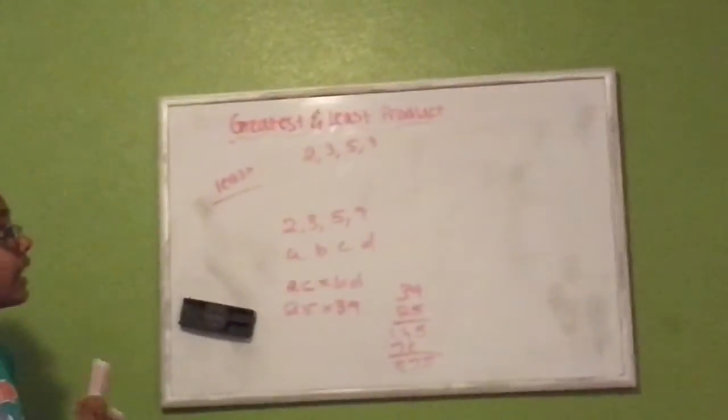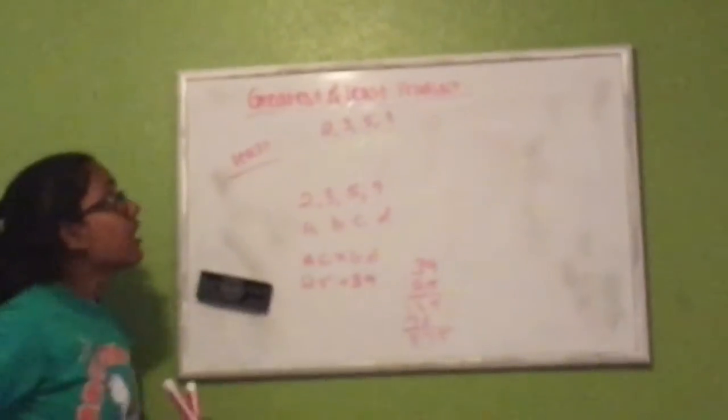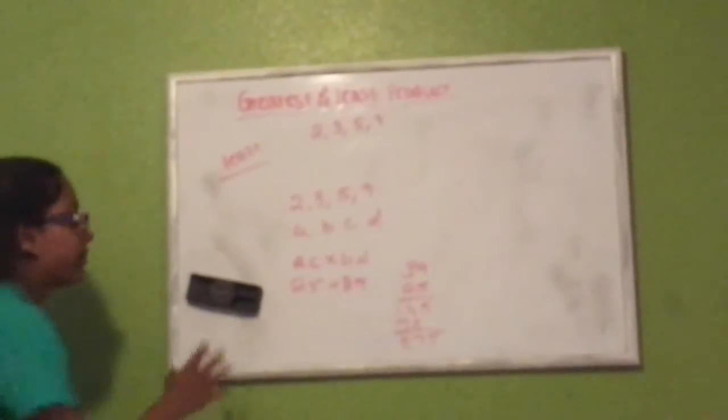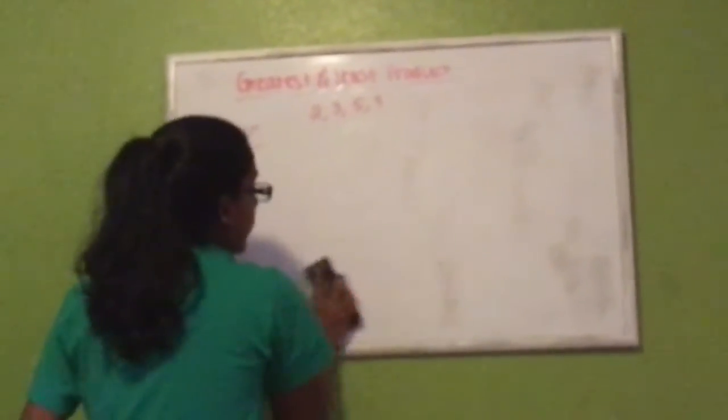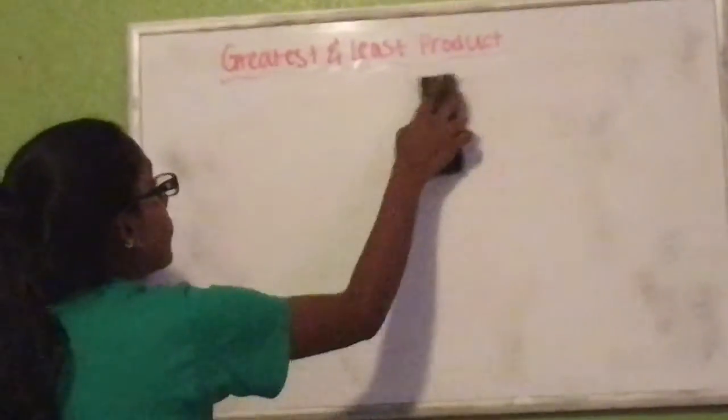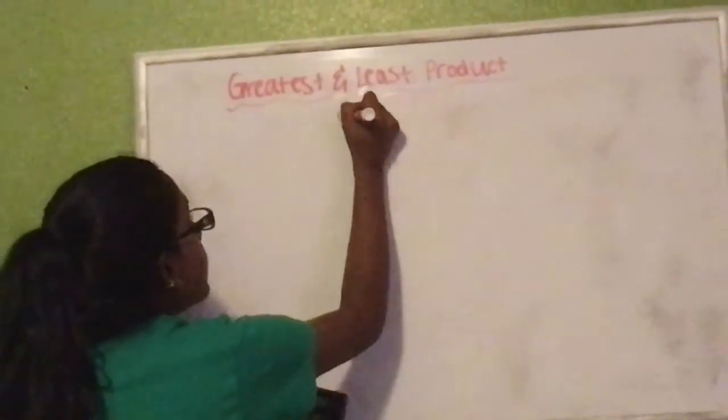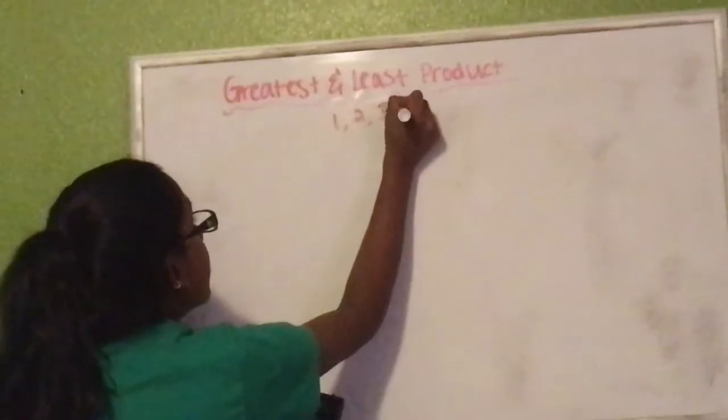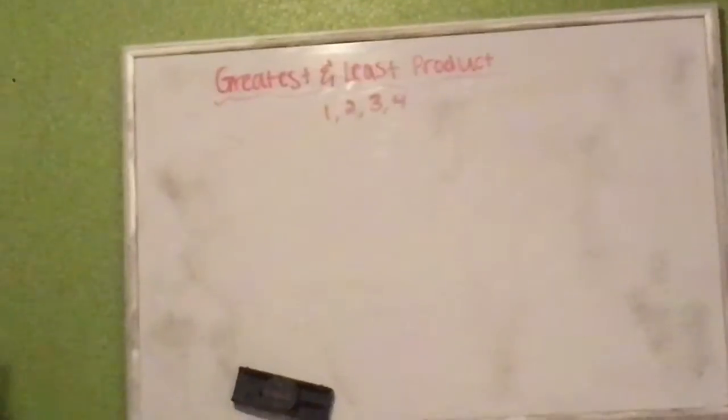Okay, so now that we have the least product covered, now we're going to go to the greatest. So we're going to start with our original digits. We had 1, 2, 3, 4. Given these numbers, again, we can do guess and check.